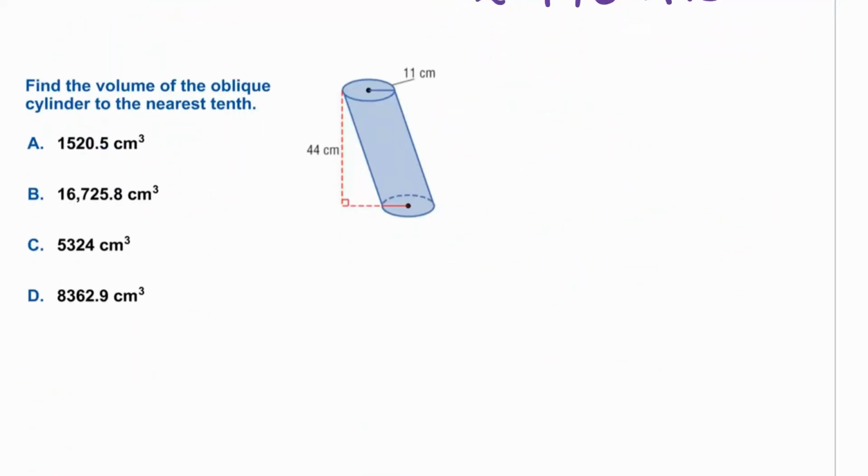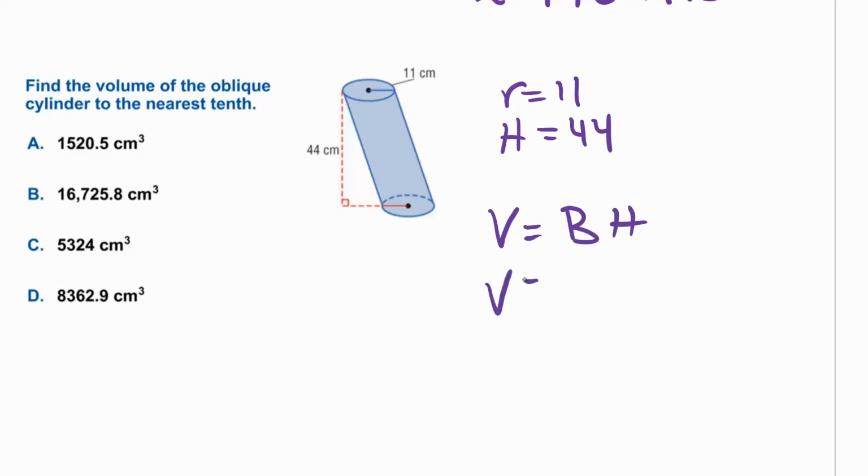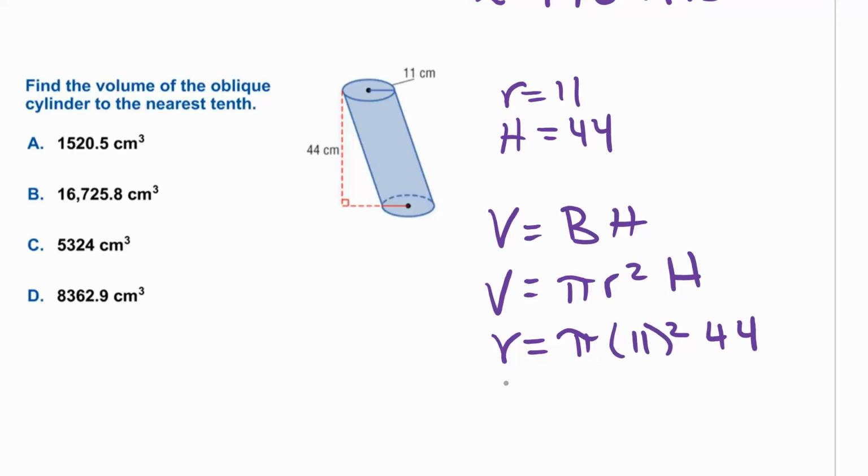Looking at the last example, we have that the radius is 11, the height of the cylinder, the oblique cylinder, is 44, volume equals base times height, volume equals pi r squared times the height, volume equals pi times 11 squared times 44.